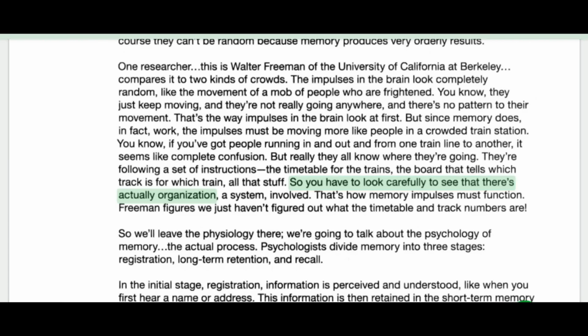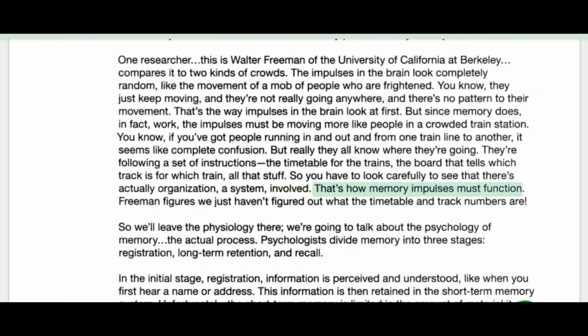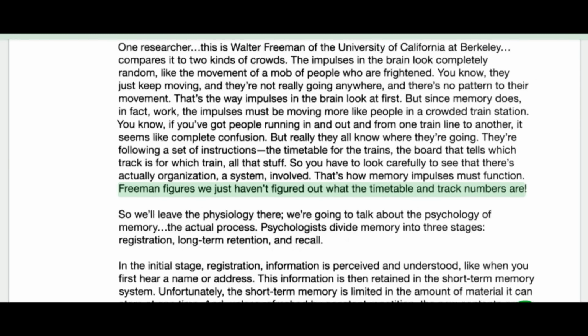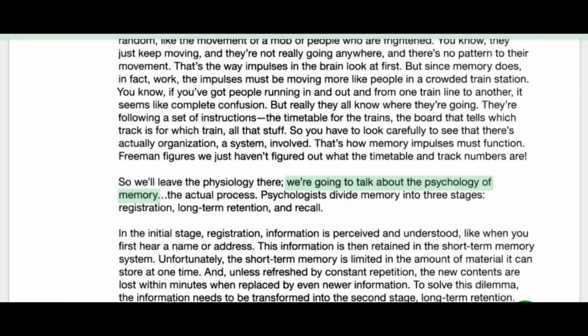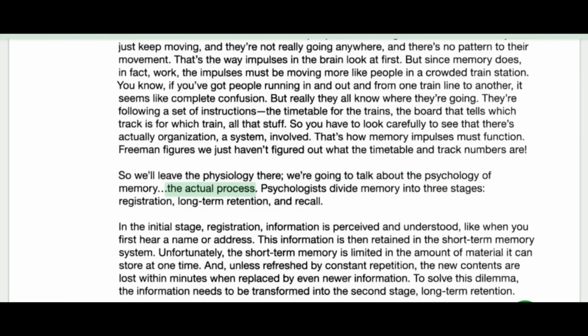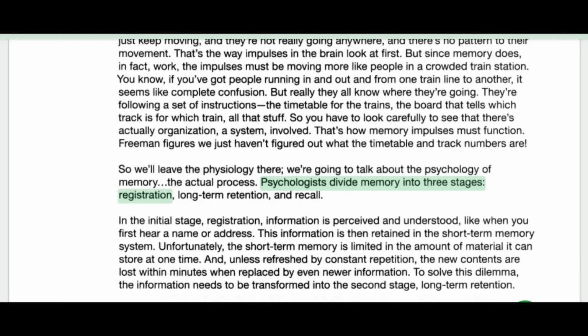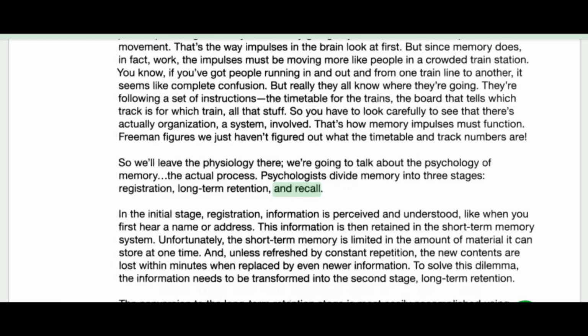So you have to look carefully to see that there's actually organization, a system, involved. That's how memory impulses must function. Freeman figures we just haven't figured out what the timetable and track numbers are. So we'll leave the physiology there. We're going to talk about the psychology of memory. The actual process. Psychologists divide memory into 3 stages: registration, long-term retention, and recall.